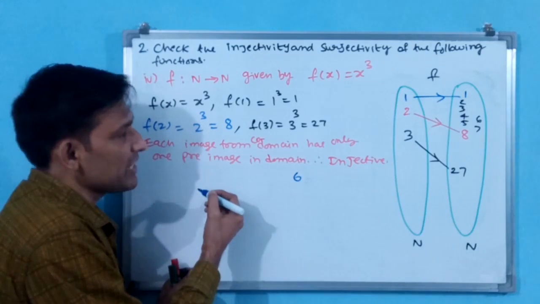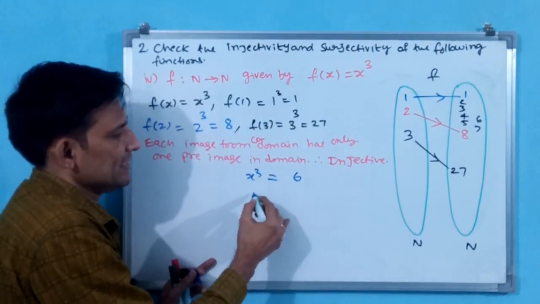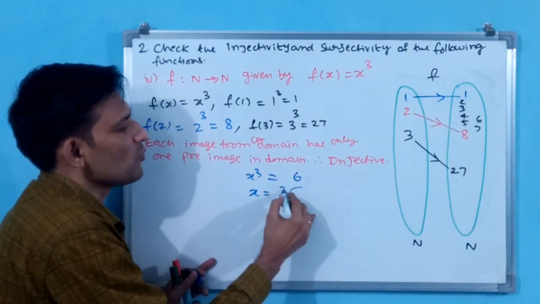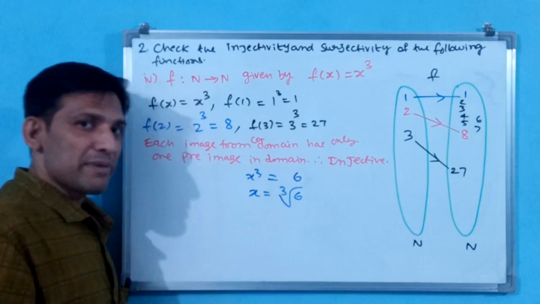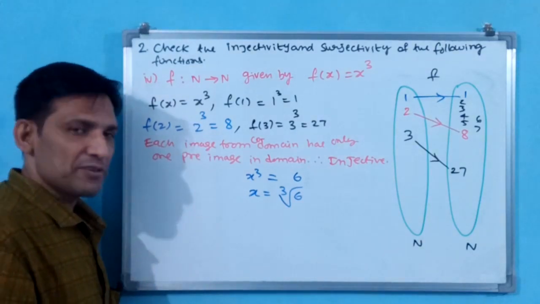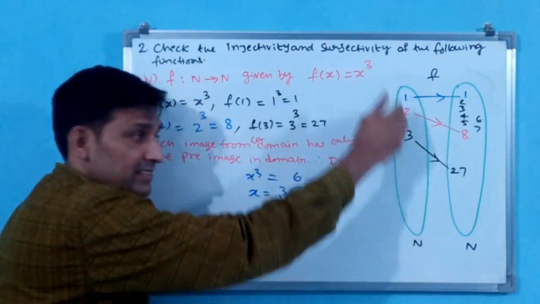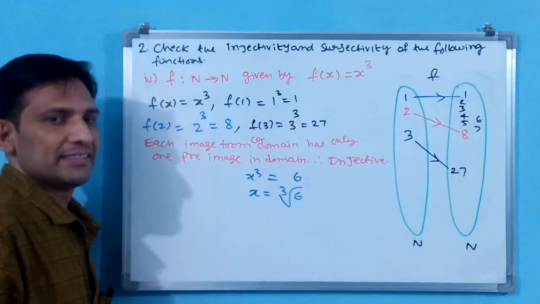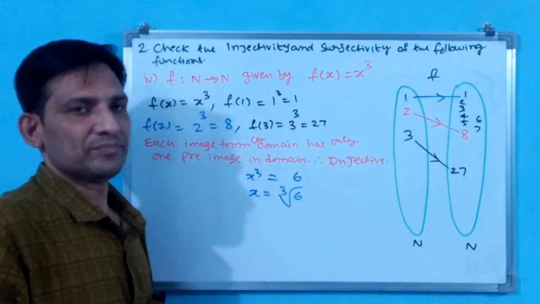And for the pre-image of 6, if you want to find it, x cube is equal to 6. Then what about x? Cube root of 6. Is it a natural number? Cube root of 6 is not a natural number. Then the cube root of 6 doesn't exist in this set. That means there is no pre-image for element 6.